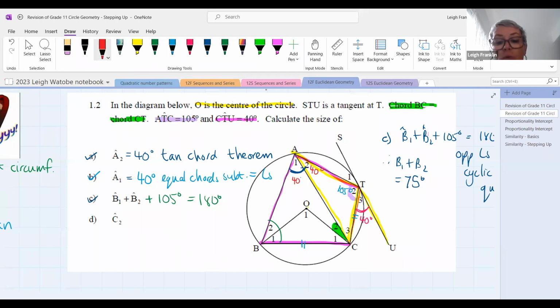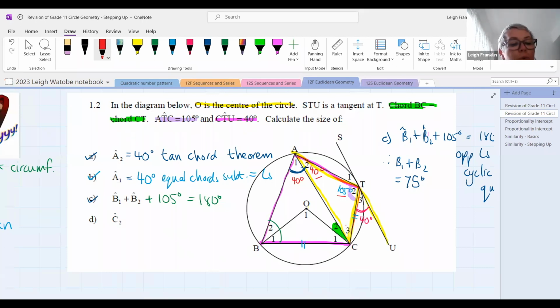The angle C2 is the extended angle of triangle ACT, actually. It is. But what we know is that this angle over here is 105. We know that that one's 40.